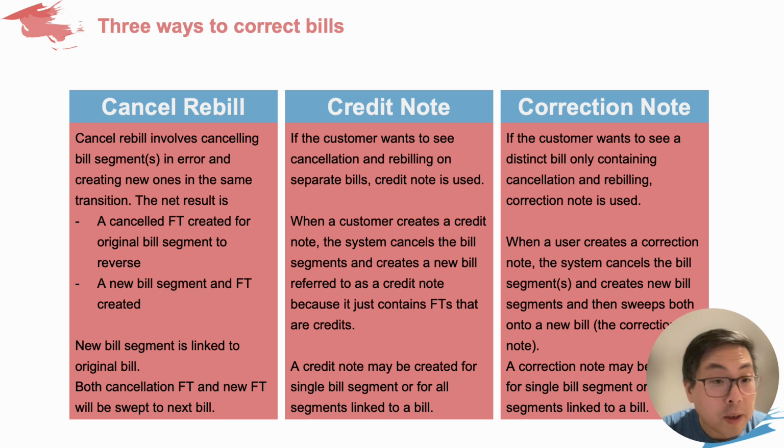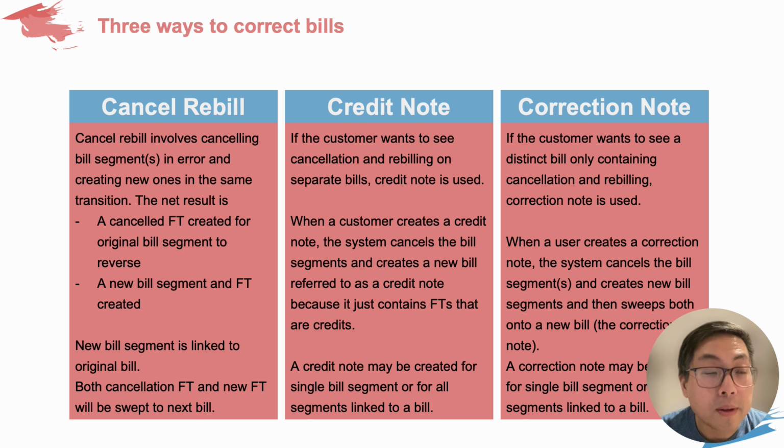It's a bill reversing the original bill, and that is the credit note. Credit notes may be created for a single bill segment or for all the bill segments linked to a bill. If a credit note is created, it's also taking all the frozen financial transactions swept onto the next bill, right?